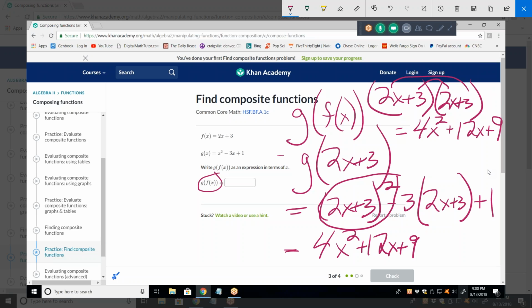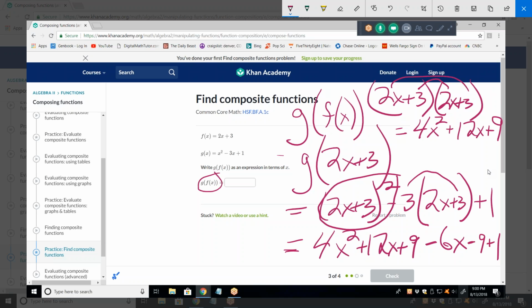Now the rest of it. So minus (6x plus 9) plus 1. You have to distribute that negative 3 times plus 3, so minus 9. Plus 1.